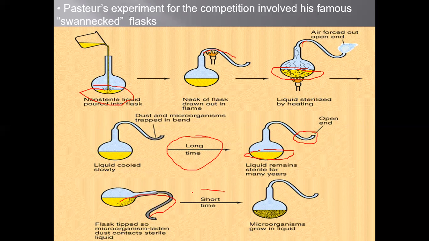Within a short time, he observed that the whole liquid was spoiled and microorganisms grew. And from this, he strongly said that the theory of biogenesis is right. For the growth of any microorganism, its parent cell is very important. Without a parent cell, it's not possible to grow any microorganism.